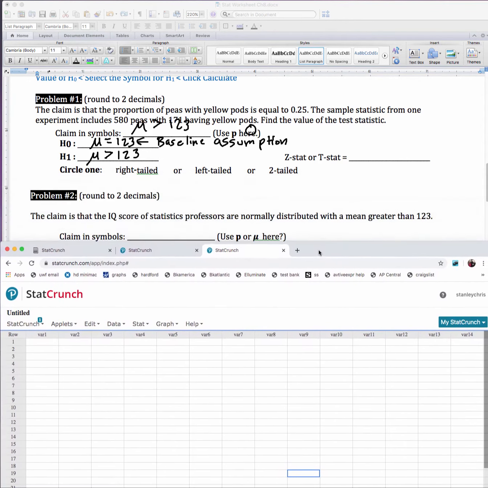So we're doing this last one right down here, and you can see that the mean's 125, standard deviation is 12, same thing here.